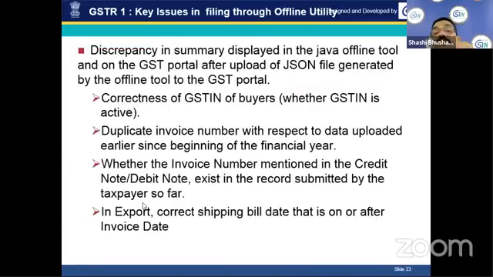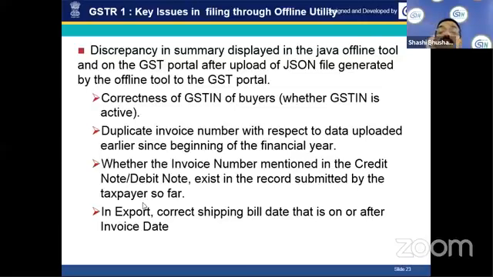Now, there is always an issue where people say, I have uploaded this many invoices on the portal, but in the summary we are seeing a different number. This issue exists because the portal performs certain validation checks that the offline tool cannot. All the checks cannot be performed in the offline mode. There are certain checks which can be performed only with the existing database in our GST system.